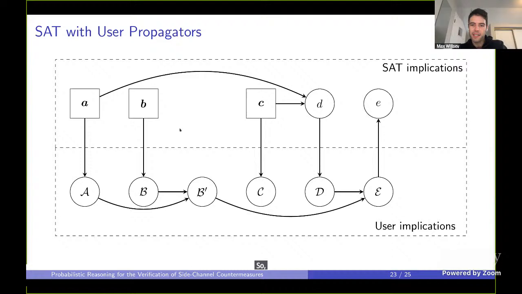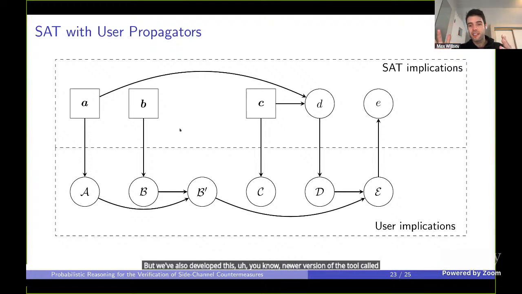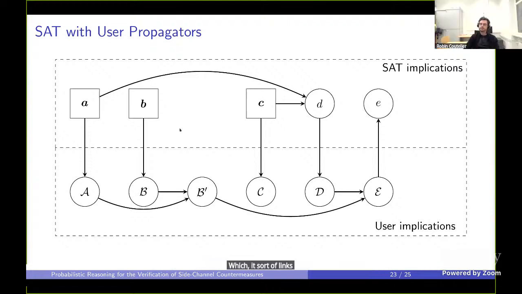So just a bit of context here. Robin, in this talk, you have been using the terminology of egraphs that are parallel to egg, which is something that we understand. But we've also developed this newer version of the tool called egglog, which links it up with Datalog and takes a relational perspective.